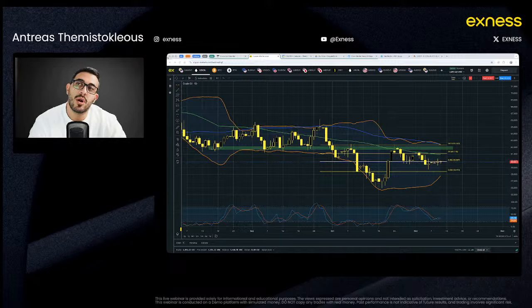Gold is more of a hedge. Everybody needs to have gold in their portfolio, especially central banks. So both somewhat behave the same, but are affected by different factors.